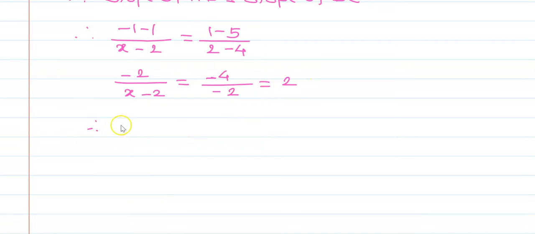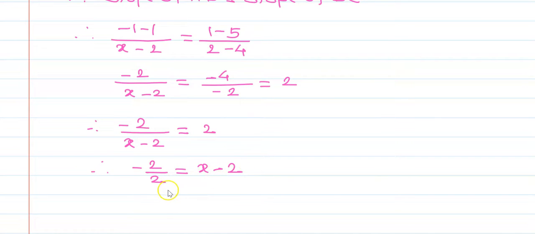And therefore -2 upon x minus 2 is equal to 2. Now the simplification: -2 upon 2 is equal to x minus 2.